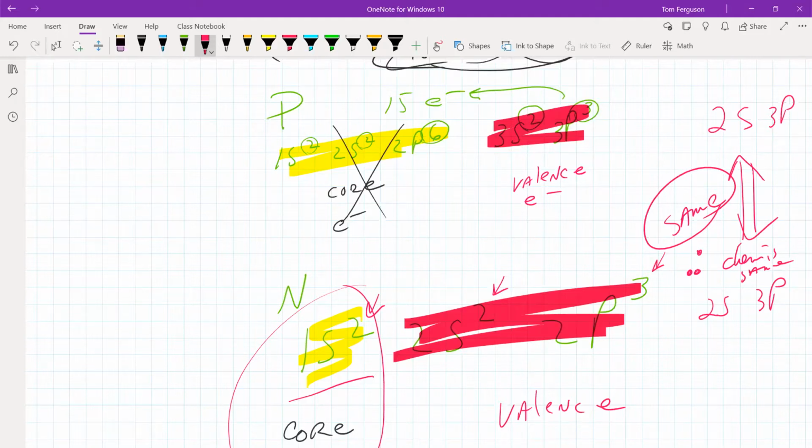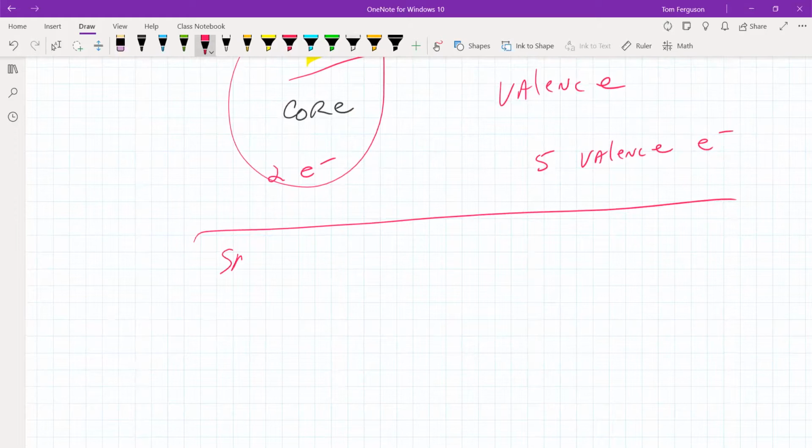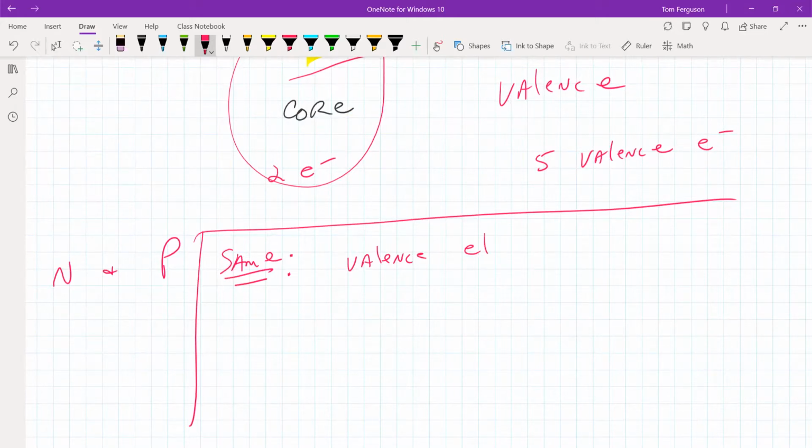Number two, let me write these down. Okay. So what's the same between nitrogen and phosphorus? Valence electrons.